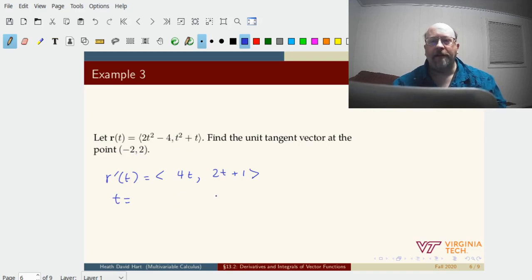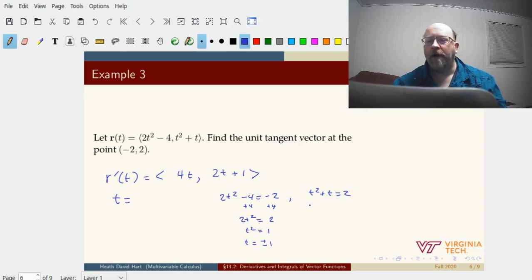So to find the time, we have to set 2t squared minus 4 equal to negative 2, and t squared plus t equal to positive 2. Let's add 4 to both sides over here, and we get 2t squared is equal to positive 2, and so t squared is equal to 1, and so t is equal to plus or minus 1.